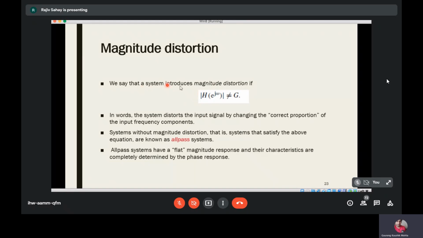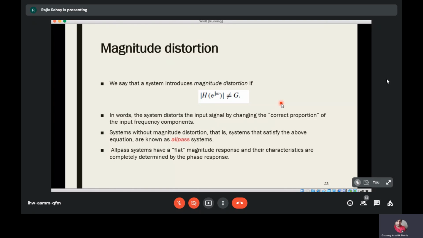So we say that a system introduces magnitude distortion when the magnitude of H of j omega is not equal to G. That means when the magnitude response is not a flat curve, not a flat line. So in this, the system will distort the input signal by changing the correct proportion of the input frequency components. So if you imagine that the input signal, whatever you are feeding in, is made up of Fourier coefficients.